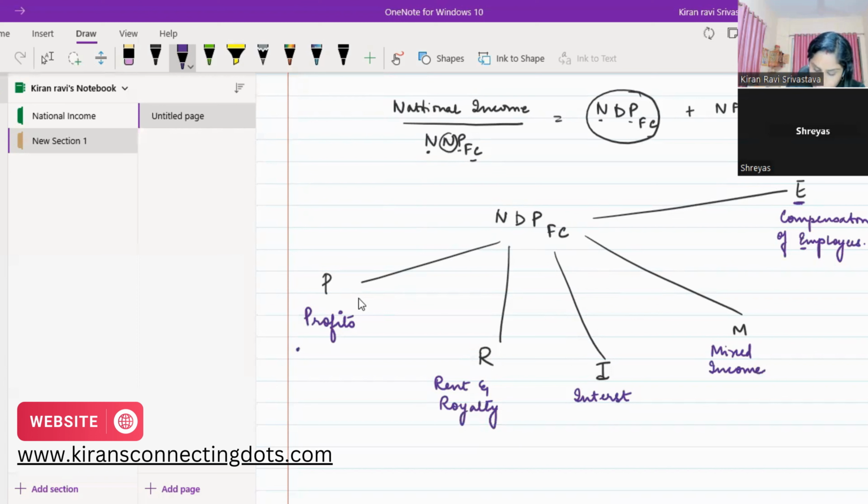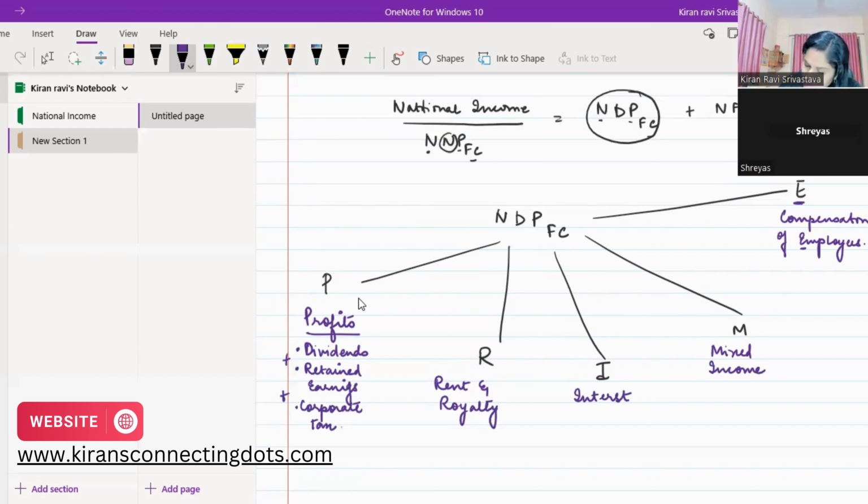If profit is not given in the question, the other words for profits which might be given are dividends, then retained earnings. You know that retained earnings are also part of the company's profits. So retained earnings and corporate tax. So if profits are not directly given in the question but dividend, retained earnings and corporate taxes are given, then you will add all these items to find out the profit, or else the profit will be directly given in the question. Is this part clear? So profits can include all this. Then under rent and royalty there is nothing, under interest there is nothing, that will be directly given. Mixed income will be directly given.